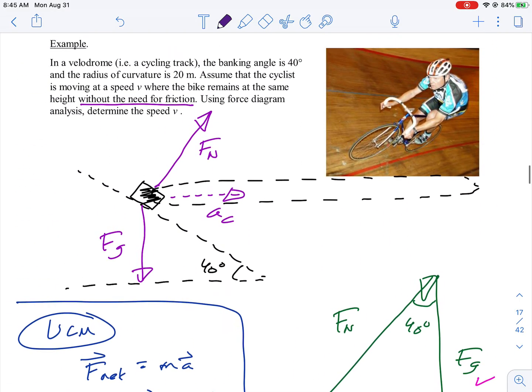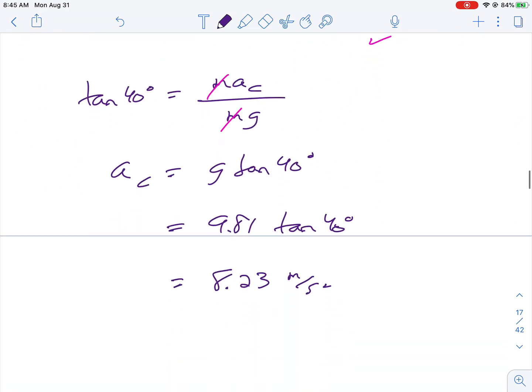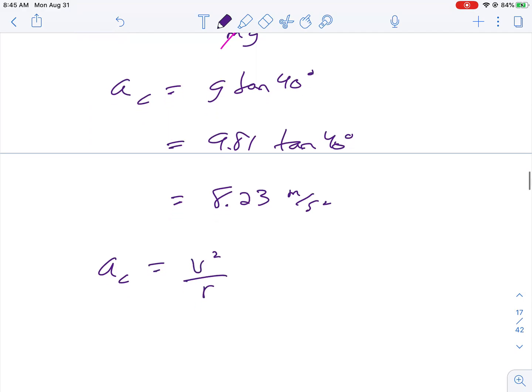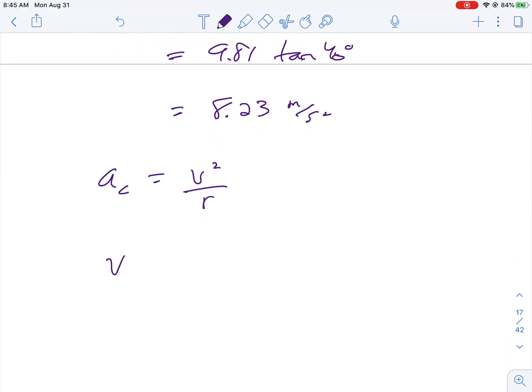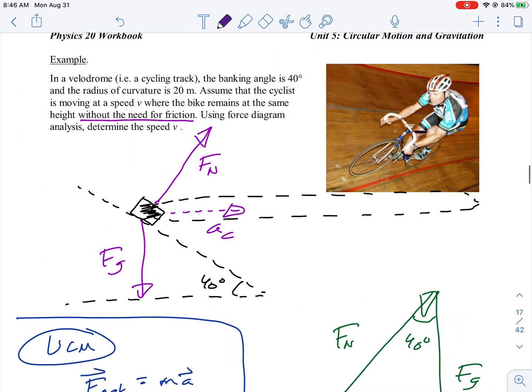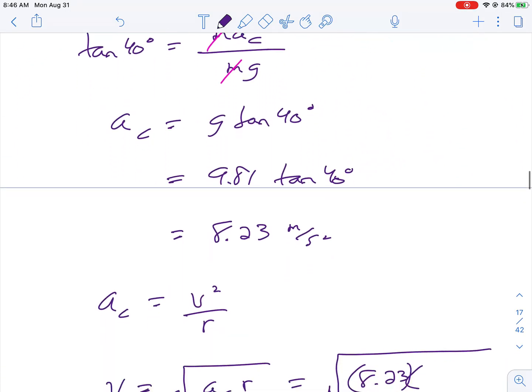But what we're looking for here is the speed v. So now we use AC equals v squared over r, and we're solving for v. That will eventually become the square root of AC times r, which is the square root of 8.23 times the radius of curvature, which is 20 meters.